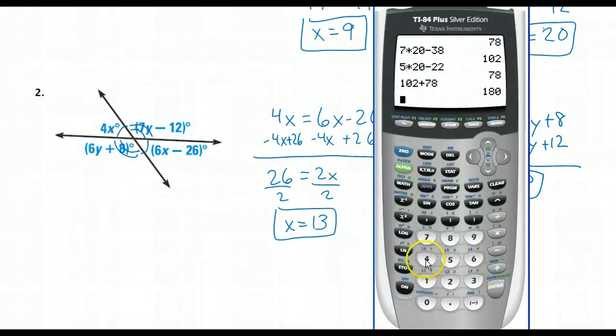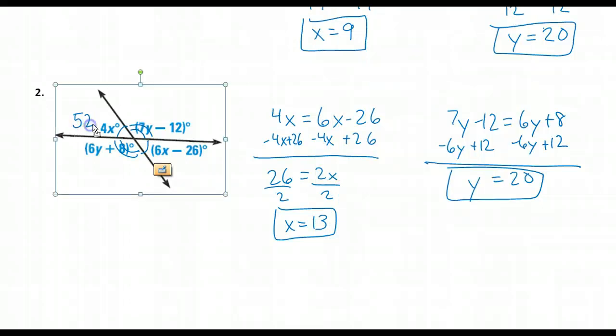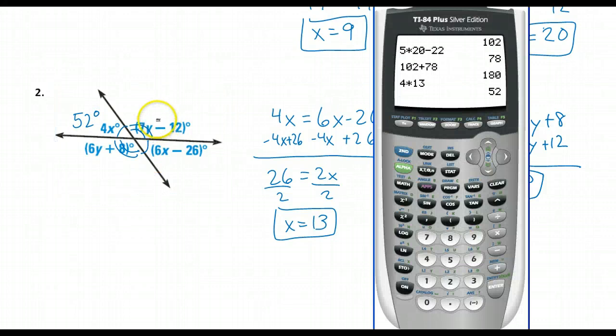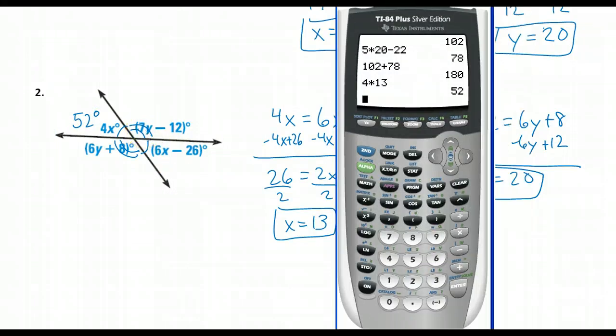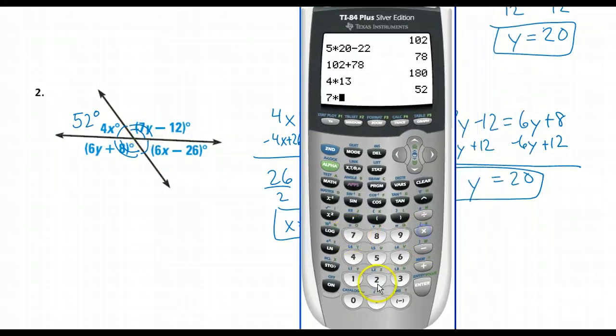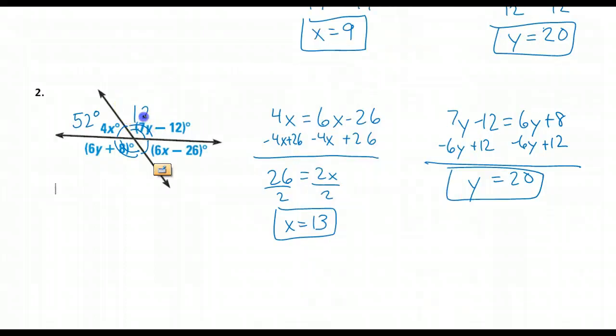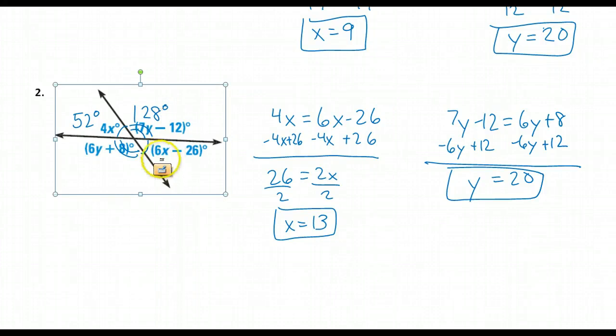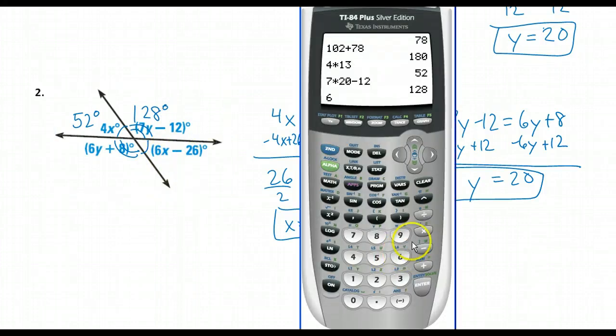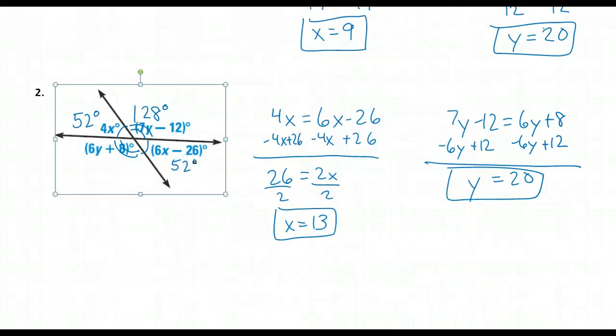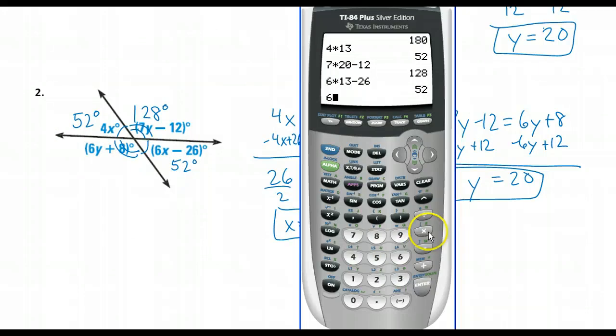So I have 4 13s. And this angle is 7y minus 12. So I have 7 20s minus 12. And this angle is 6x minus 26, so I have 6 13s minus 26. And this last angle is 6y plus 8.